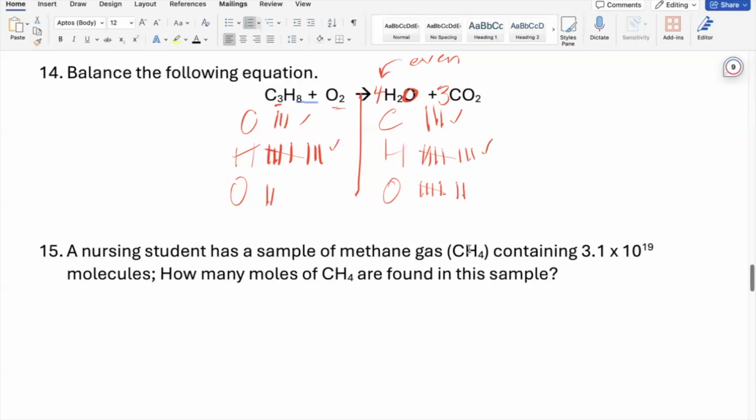If we did a total count, we have 4 oxygens by putting this 4 in front, plus 3 times 2 here is 6, bringing us to a total count of 10. Then I can just put a 5 in front of here to even out my oxygens. 5 times 2 is 10. There we go.